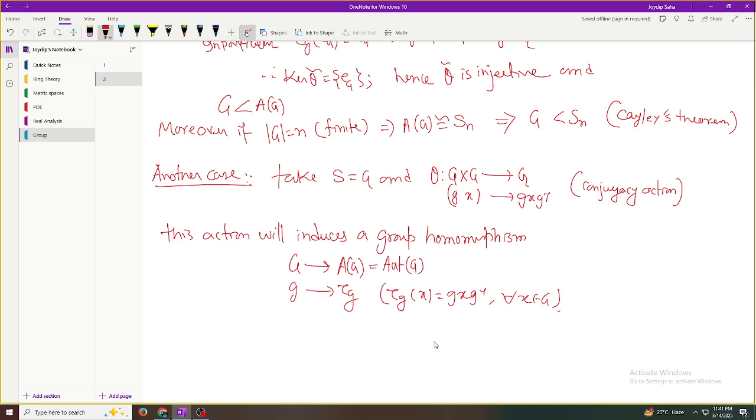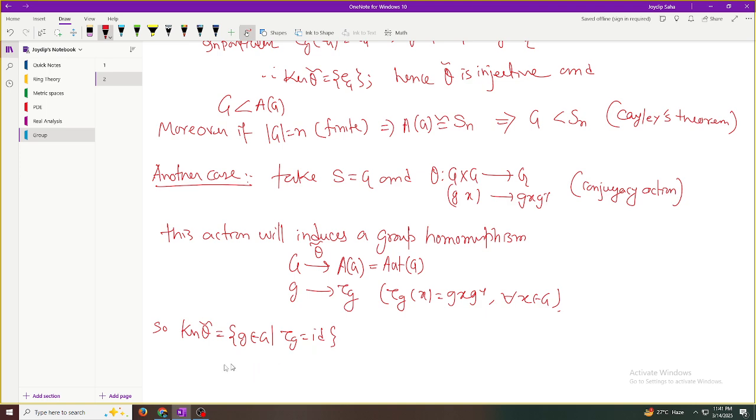Now theta tilde. What is the kernel of theta tilde? Those g belonging to G such that tau_g is identity.